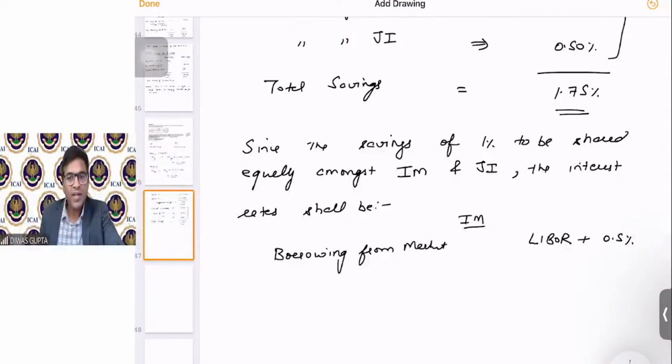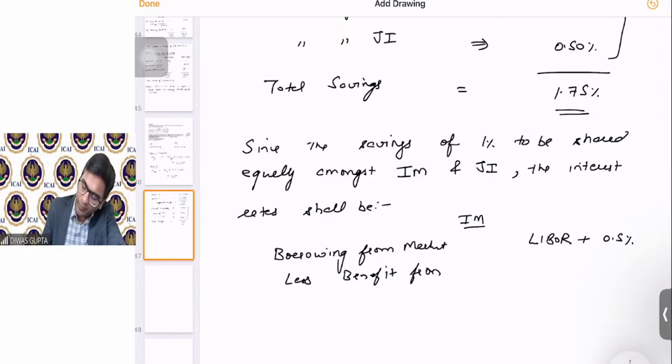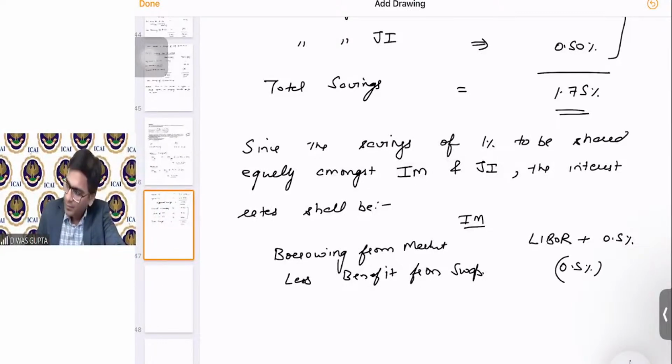Correct? This is the original rate at which borrowings will happen from the market, less benefit from swap will happen at 0.5 percentage negative basis.